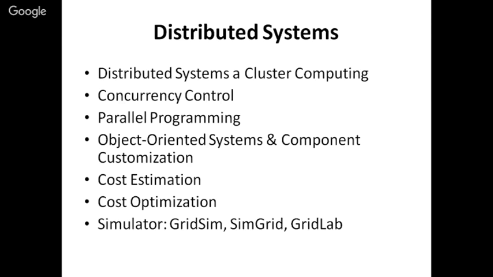Nowadays we are having object-oriented systems and component-based customization, and cost estimation and cost optimization are done. But the normal protocols like two-phase protocols cannot be directly applied to the distributed system. We have three-phase locking protocols and some other serializability management protocols available for distributed systems. For this, we have GridSim, SimGrid, and other grid simulators available.